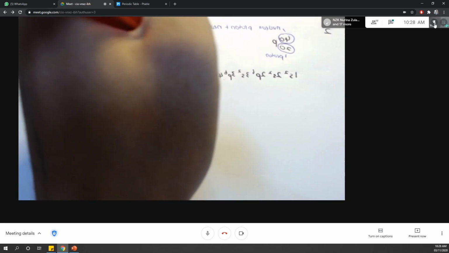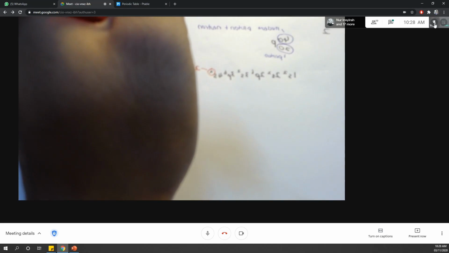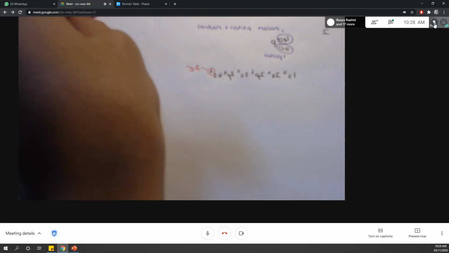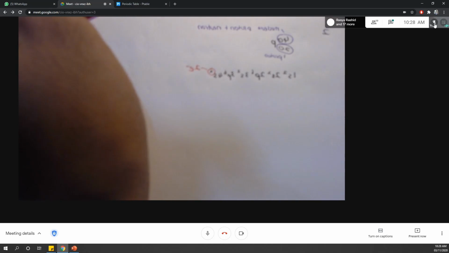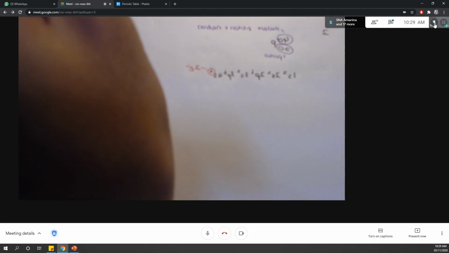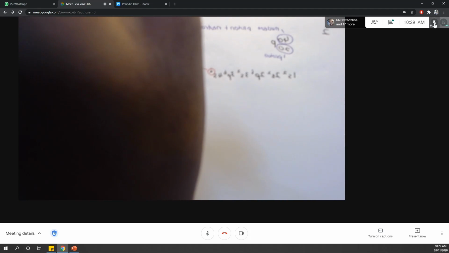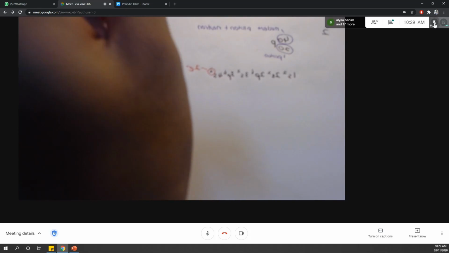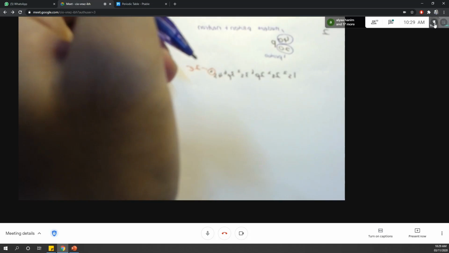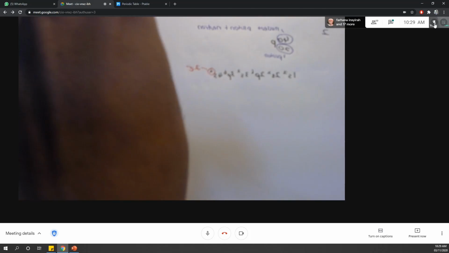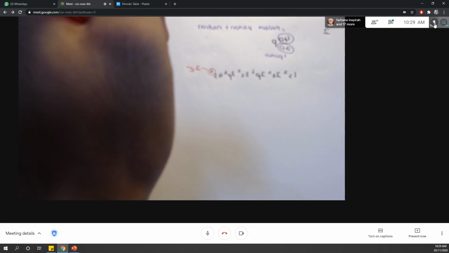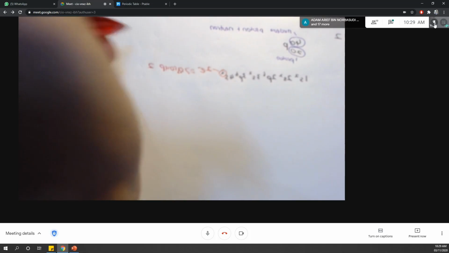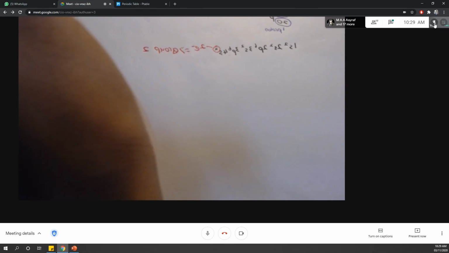So valence electron dia adalah 2. Kalau group you only tambah 10 for P block only. So this is S block, sebab last kita isi dekat S. So it is group 2.